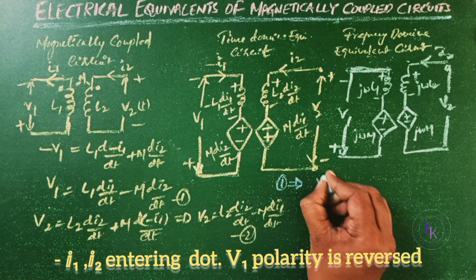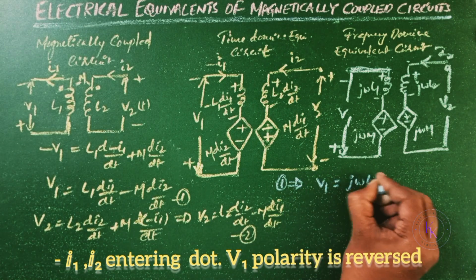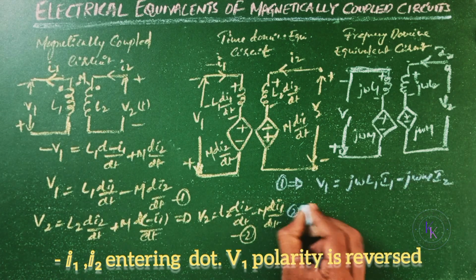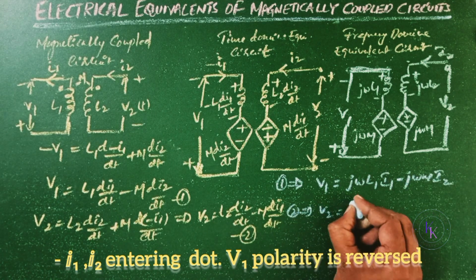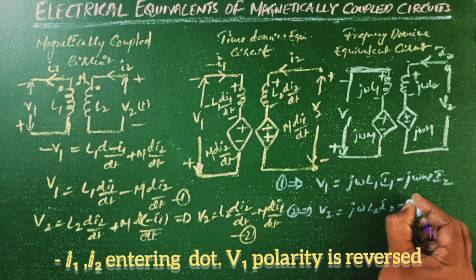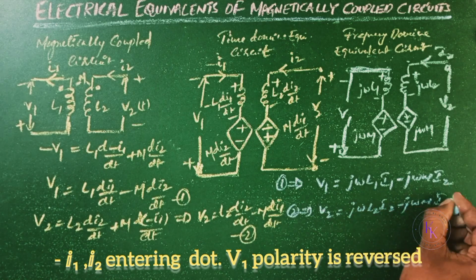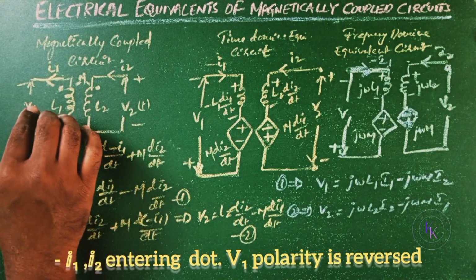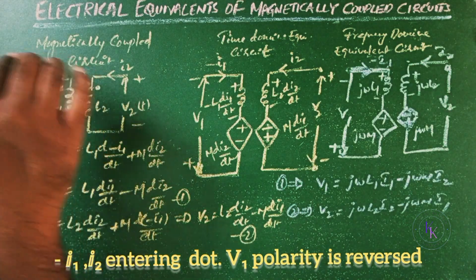Now let us write these time domain equations in the frequency domain. Then equation number 1 becomes V1 equals j omega L1 I1 minus j omega M I2. Equation 2 becomes V2 equals j omega L2 I2 minus j omega M I1. This is the equivalent circuit for the magnetically coupled circuit where the voltage polarity is reversed and the current I1 is also leaving.